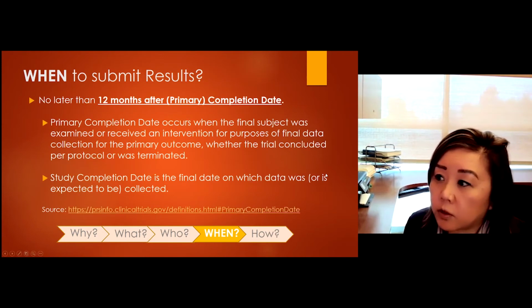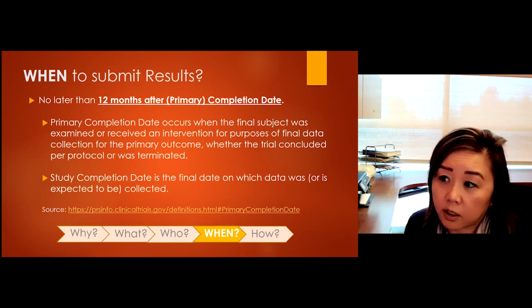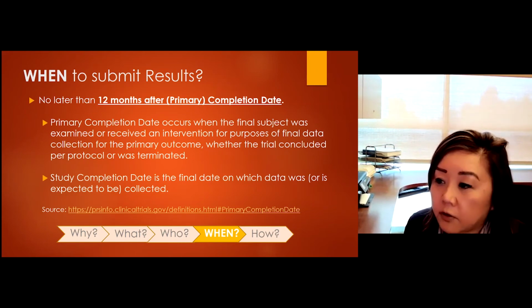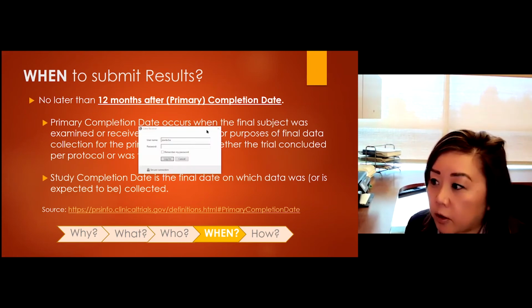And then when to submit results. It's no later than 12 months after your primary completion date. So it'll be based on the primary completion date that you enter into that system. And then it'll calculate 12 months after that. And after that, that's when it will generate an error that you're late if it's past the 12 months after your primary completion date.